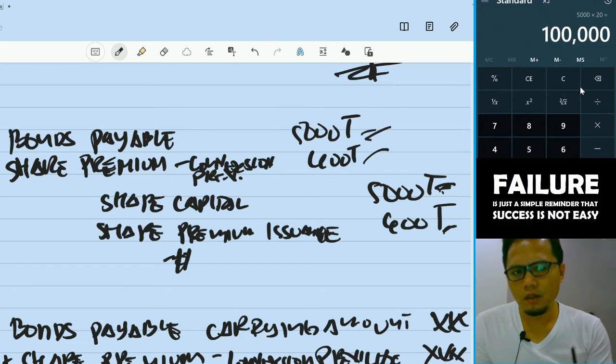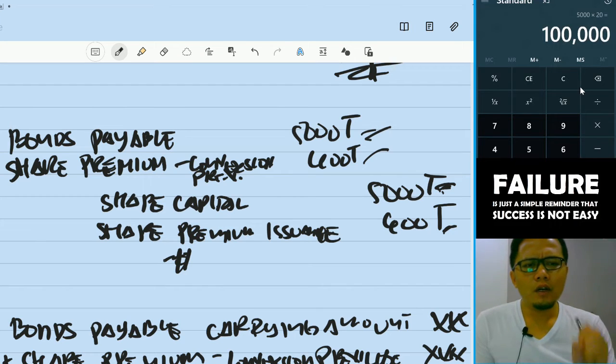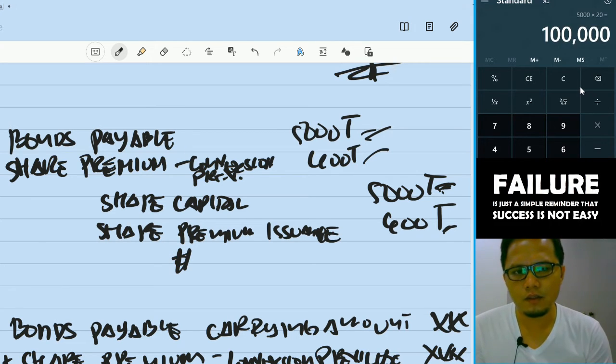If there are conversion expenses related to the conversion, we need to pay them, but we will not record conversion expenses.